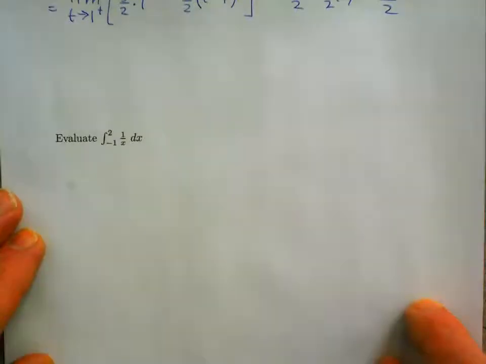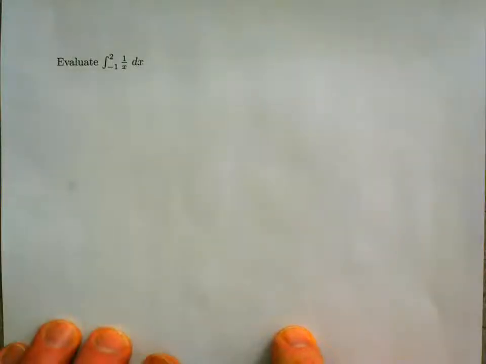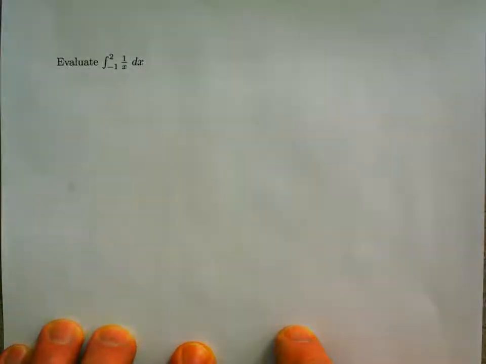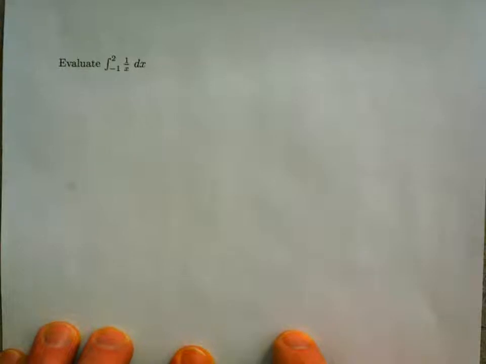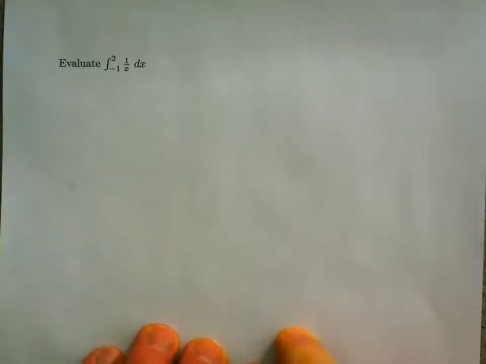Okay, the next example, evaluate this integral of 1 over x dx from negative 1 to 2. So it looks like a definite integral, but it's improper.